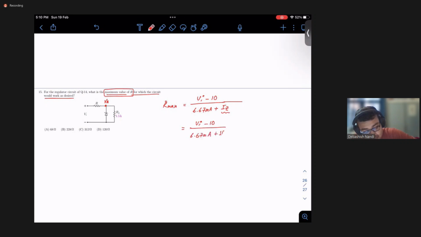So now you need to check using Vi equal to 12 volt. What is the value? Vi equal to 15 volt. What is the value? And if that is violating any of the conditions, using this Vi equal to 12 volt, you will get your R max as 2 divided by 16.67, that is around 119 ohm, 119.97, 120 ohm.